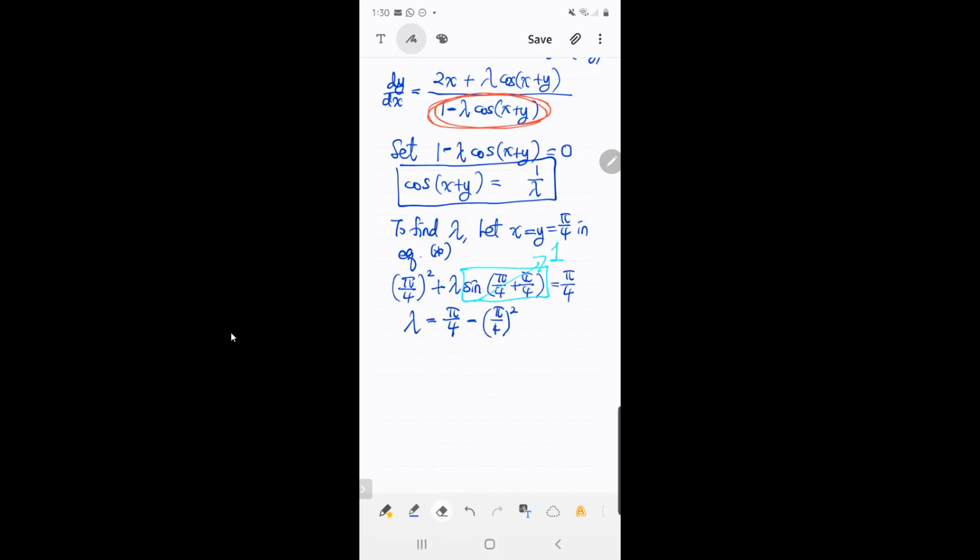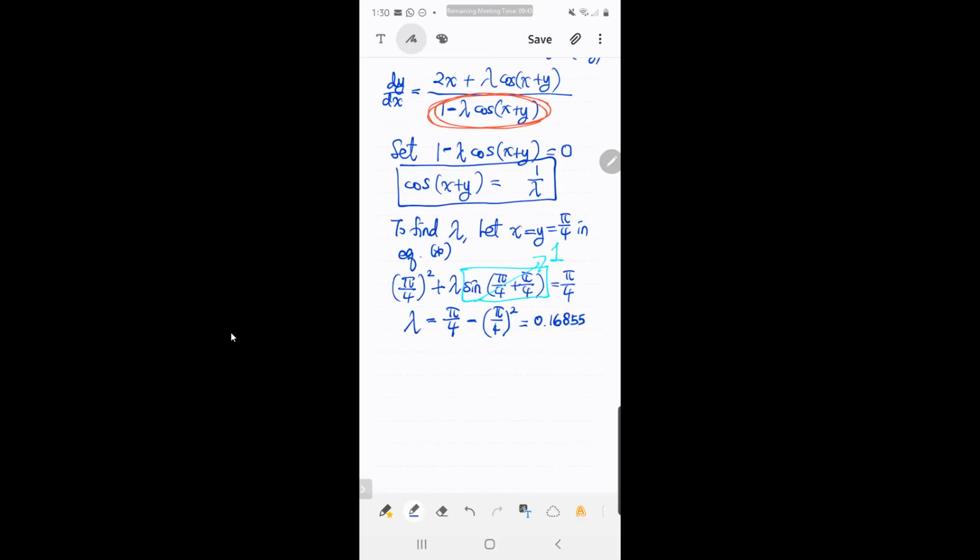What is this value, pi over 4 minus pi over 4 squared? Give me at least 5 significant figures, please. 0.16855, up to 5 significant figures.